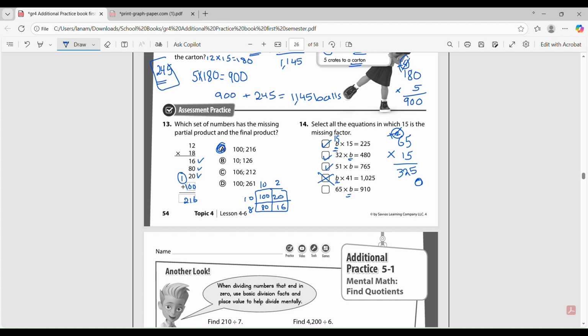Now we put 0 when we start with the second line. 1 times 5 is 5, 1 times 6 is 6, and we add. 5 plus 0 is 5, 2 plus 5 is 7, 3 plus 6 is 9, so the answer is 975. So this equation is wrong.